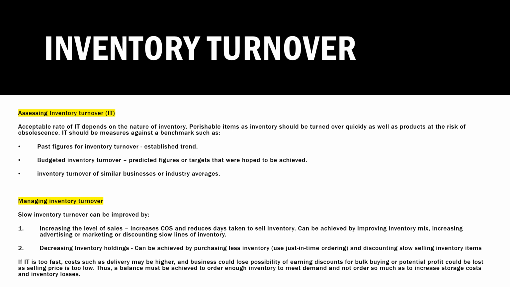Okay, you're ordering too much, and the inventory turns over really quickly. You're getting rid of the stock, so you're ordering again and again. That's why the costs of delivery are higher, and you're possibly buying too little at one time. Hence your goods are getting sold really quickly, resulting in you buying again and again.